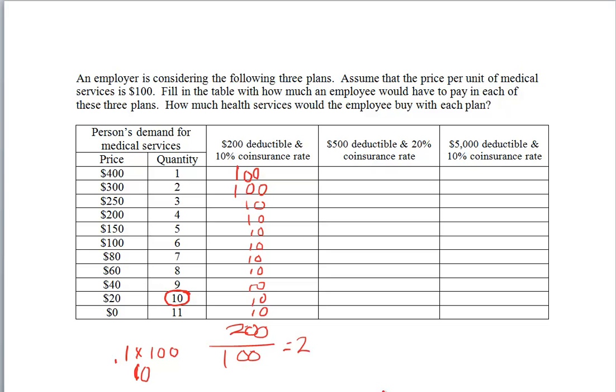Now let's try a $500 deductible. Let's make it green. 500 divided by 100 is equal to 5. And so now it's 0.2 times 100, which is 20. So the first 5 units is 100.